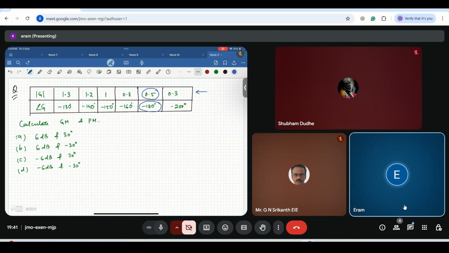Let me check if it is given in dB or magnitude.